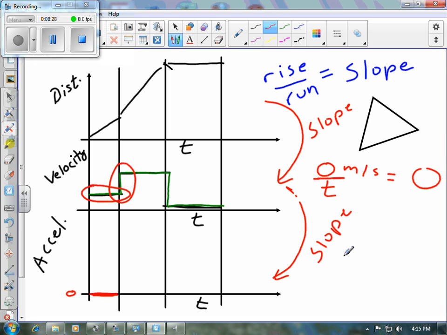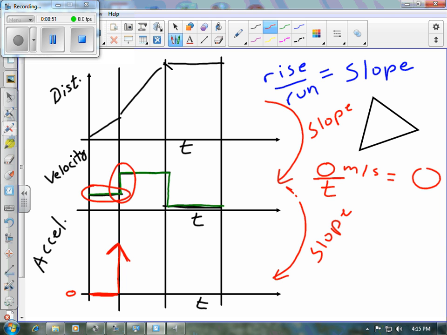So, okay. Now, anyway, anything divided by 0 is undefined or infinite, because if you think about it, if you start dividing by a smaller and smaller number, the result starts to get bigger and bigger. So we can't draw infinity on the graph, but we can at least symbolize it by drawing that little arrow there. So that's saying for that moment in time, there is an infinite acceleration.